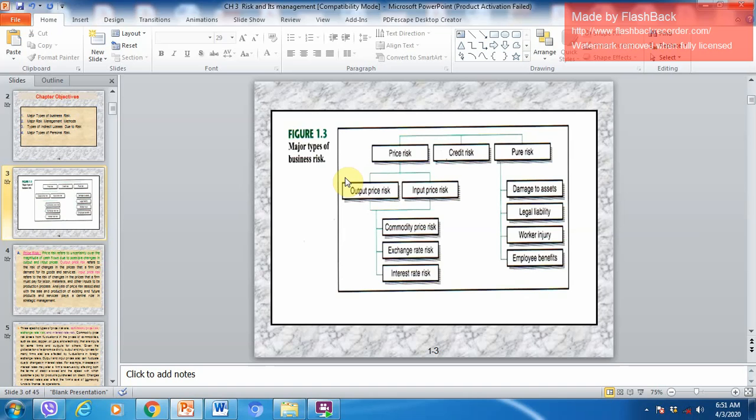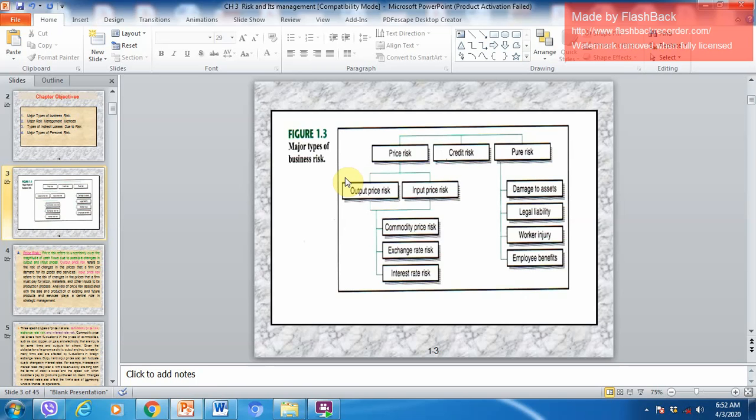So we have to convert Iraqi dinar into USD and then pay. The fluctuation that comes due to the exchange rate is called exchange rate risk. A high exchange rate is not in favor of the business; a low exchange rate is in favor of the business.